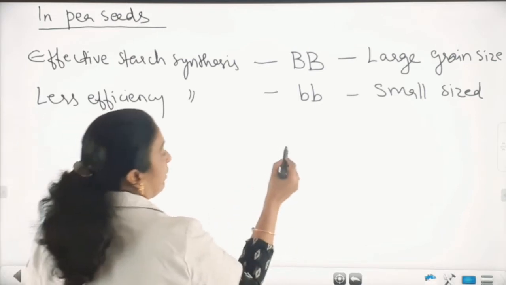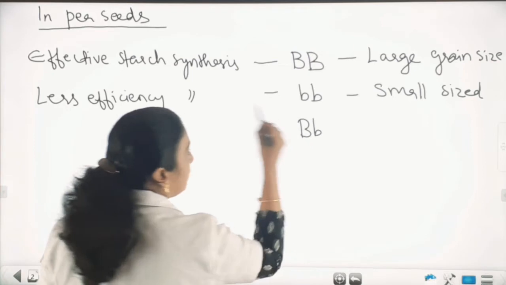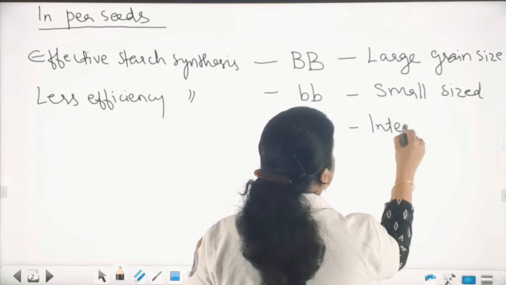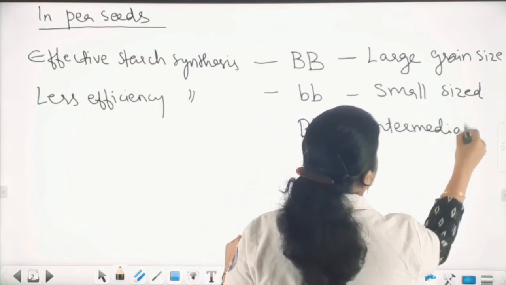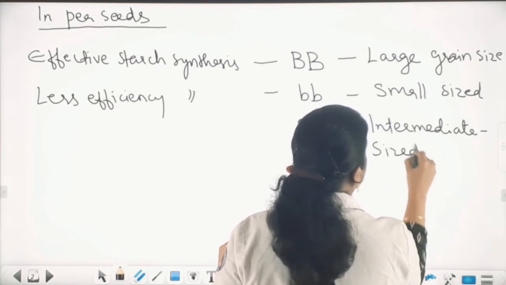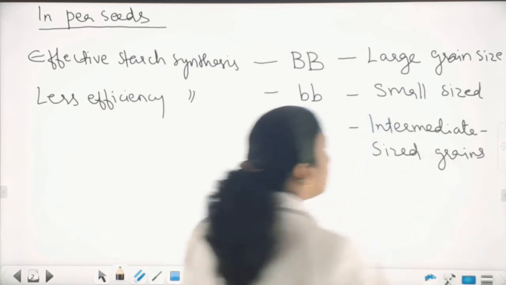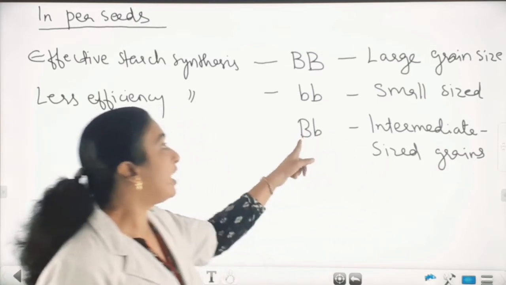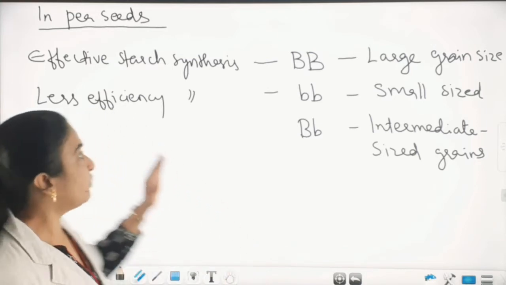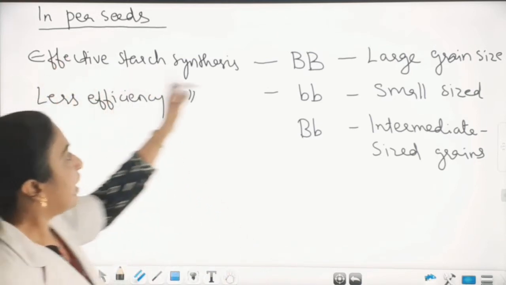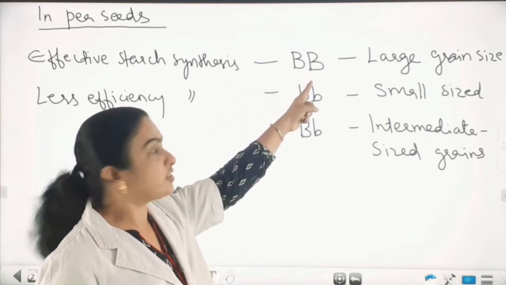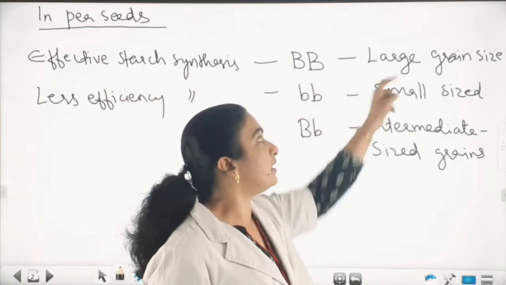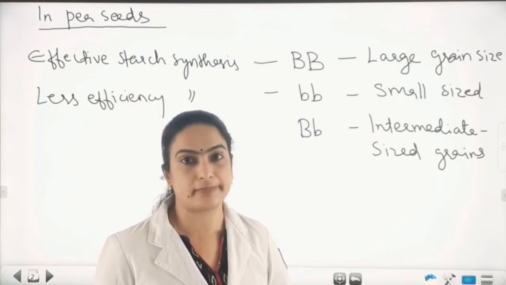And another gene, the heterozygote, shows intermediate sized grains. Neither large nor small. Medium sized grains are produced by this gene. Is it clear? So once more, in pea seeds, the gene with the capital B homozygote is very efficient in starch synthesis, so it produces large sized starch grains.